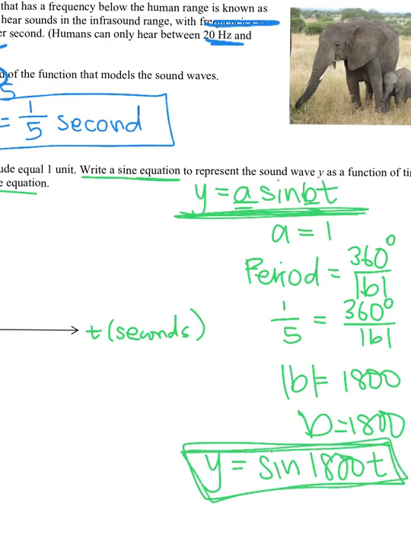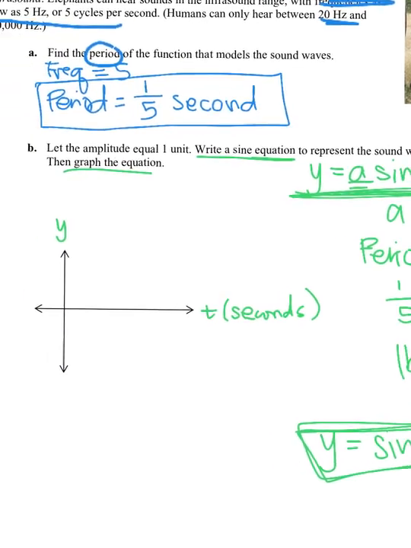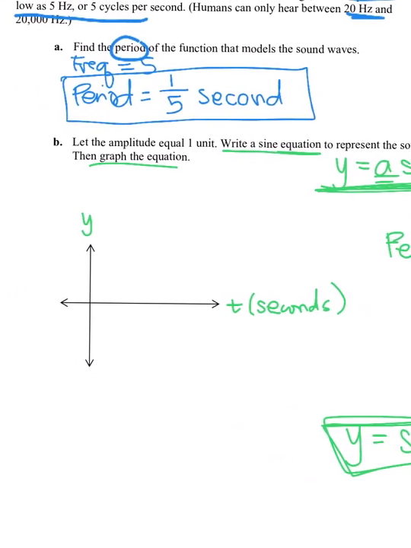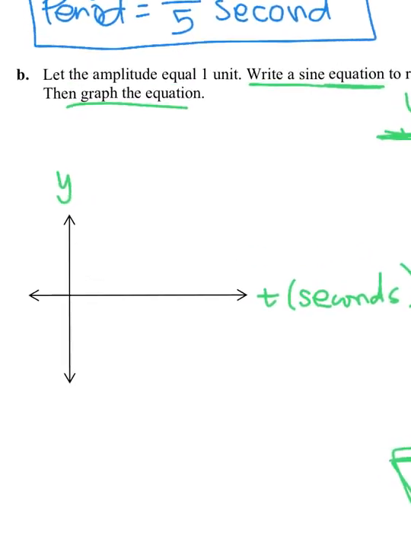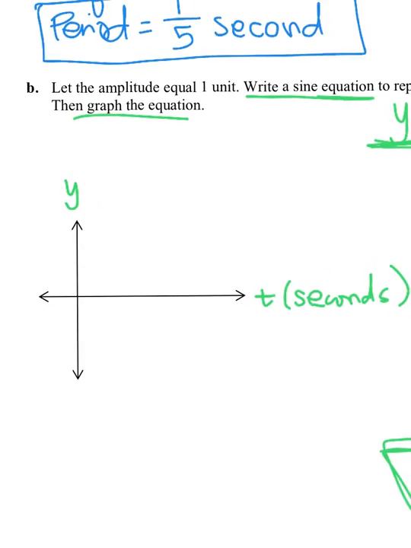All right, let's go to the second part of this. So we have our graph. The amplitude is 1, so I'm going to mark that here, 1 and -1. Then we already found the period up in part A, which is 1/5 or 0.2 of a second.